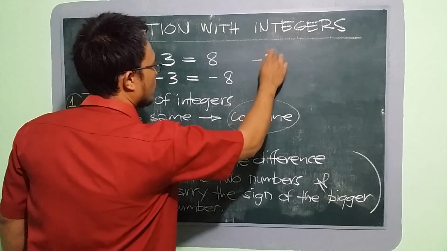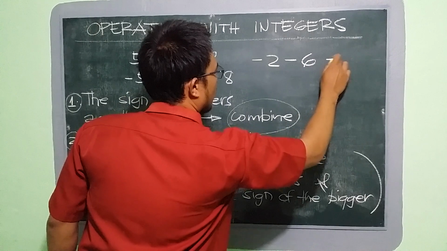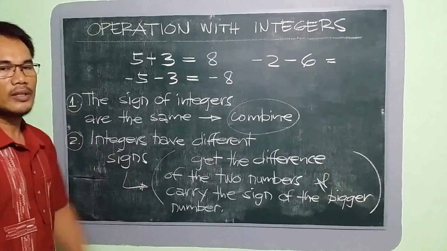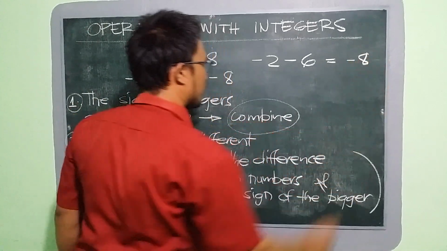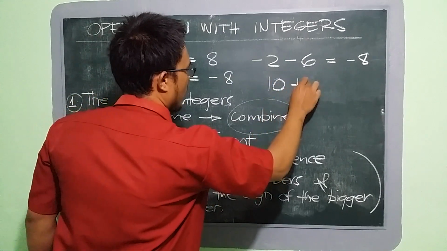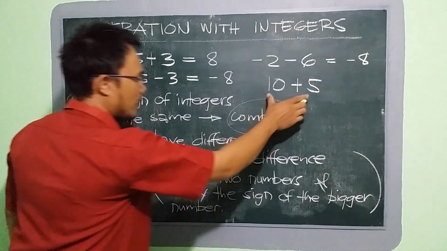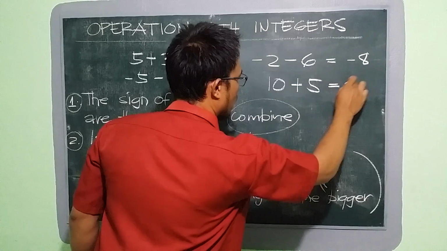We have negative 2 and negative 6. Since they have the same sign, simply combine the two integers. So we have negative 8. Just like 10 plus 5, since they are both positive, simply add the two numbers or combine. So we have 10 and 5, that is equal to 15.